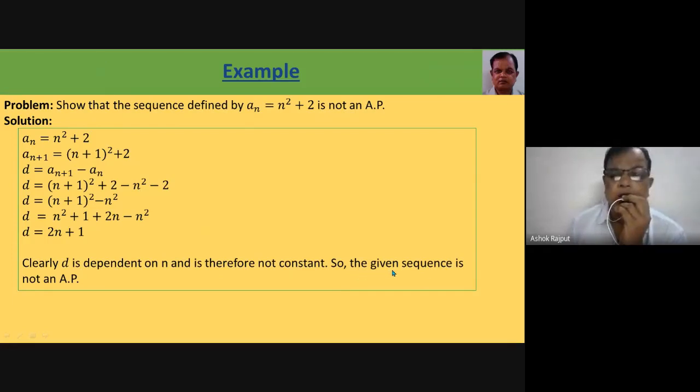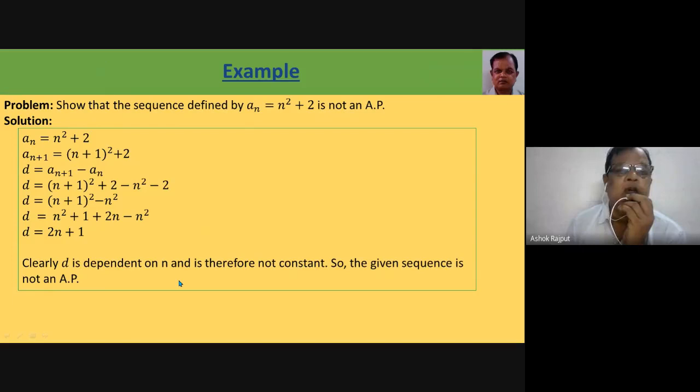So the given sequence is not an AP, because we have already defined that the difference should always be constant. It means there should not be any change in the common difference, then it will be an AP. Here it is changing, so it is not an AP.